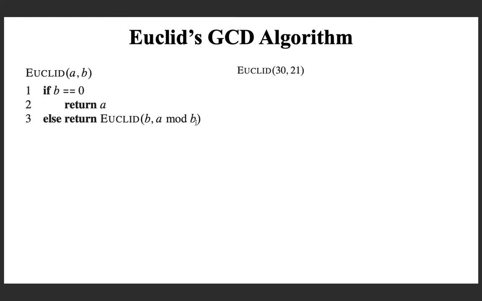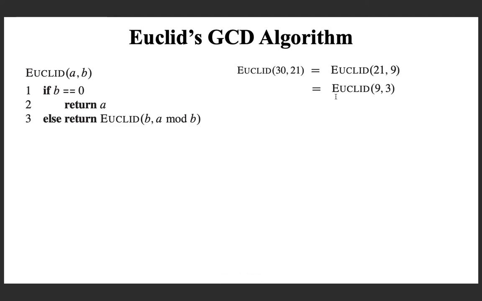To see how efficient it is, let us look at an example instance of this algorithm. What is Euclid 30, 21? 21 is not 0, so it is Euclid 21 comma 30 mod 21, which is 9. Again you apply, it is Euclid 9 comma 21 mod 9, which is 3.